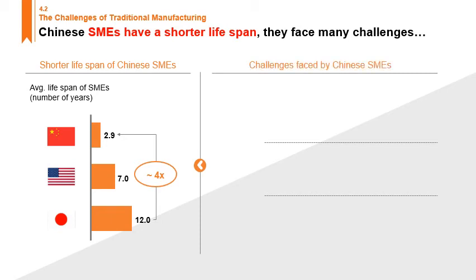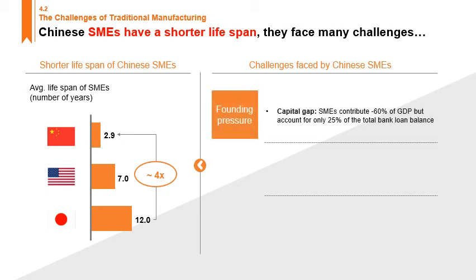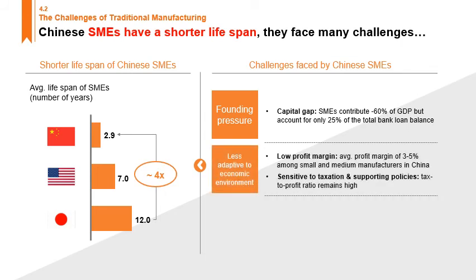The other challenges faced by Chinese SMEs are funding pressures. Capital gaps: SMEs contribute only about 60% of GDP, but account for only 25% of total bank loan balance. They are less adaptive to the economic environment. There are low profit margins because average profit margins is about 3 to 5% among small and medium manufacturers in China.